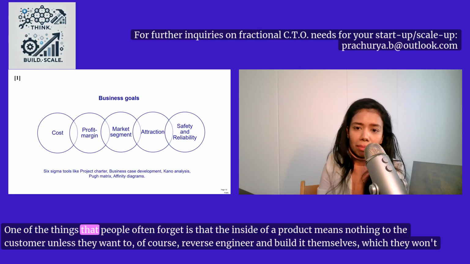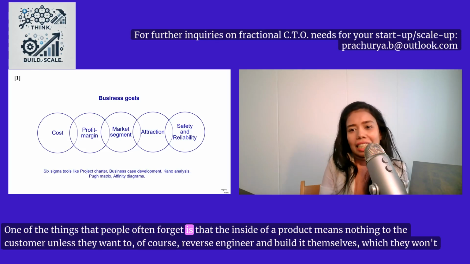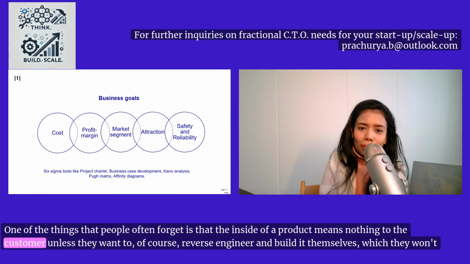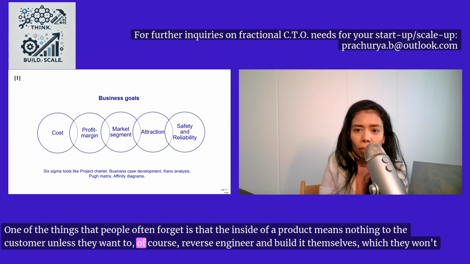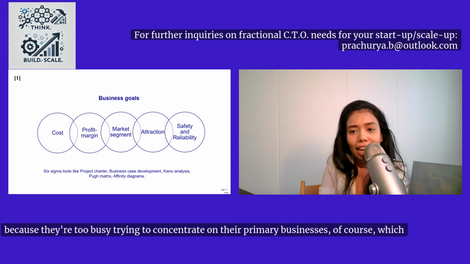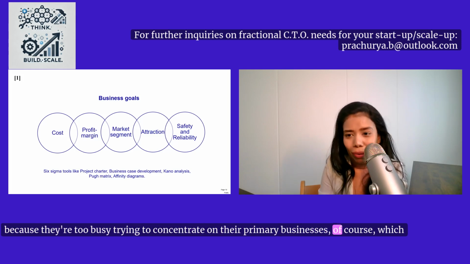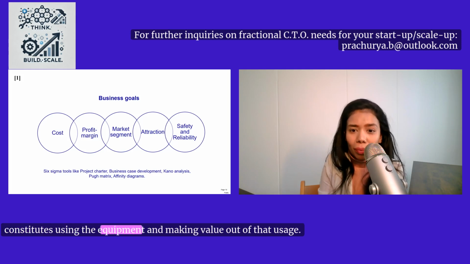One of the things that people often forget is that the inside of a product means nothing to the customer, unless they want to, of course, reverse engineer and build it themselves, which they won't because they're too busy trying to concentrate on their primary businesses, which constitutes using the equipment and making value out of that usage.